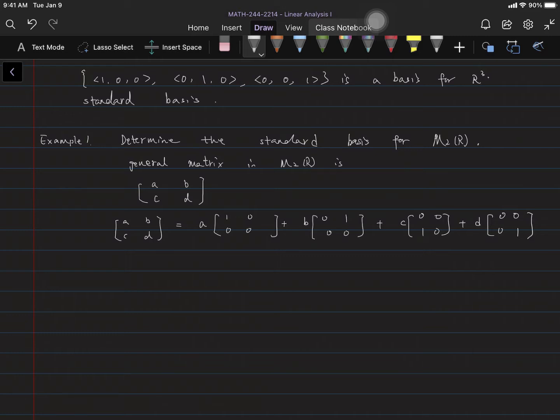That means if we say this is A1, this is A2, this is A3, A4, we know they span M2R. Is that correct? They span, because any matrix can be expressed by those 4.